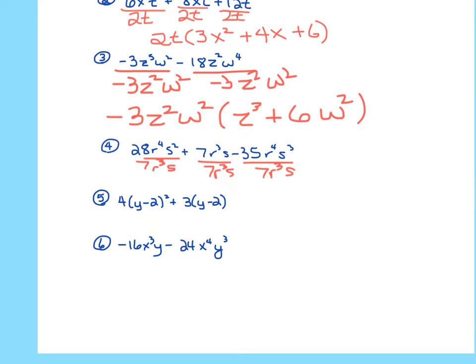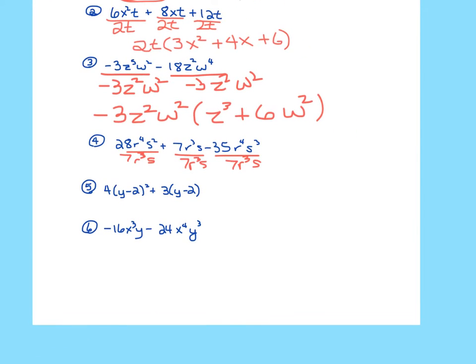And again, if you don't want to write the division underneath, all I need to see is the greatest common factor on the outside of the parentheses, and then the result of dividing each one of those terms by that GCF. So once I divide 28 by 7, I get 4. I subtract the exponents. 4 minus 3 on the r's gives me r to the 1st. And then s squared minus s to the 1st is just s.